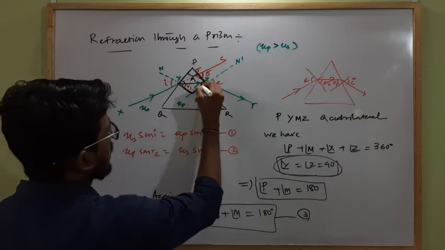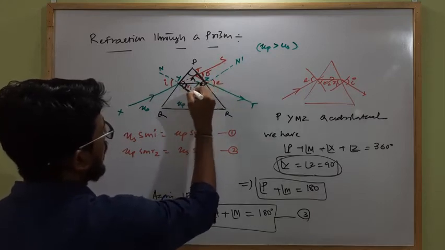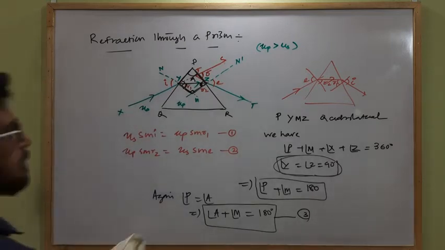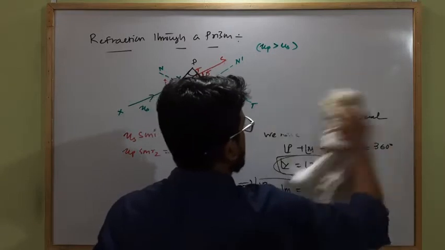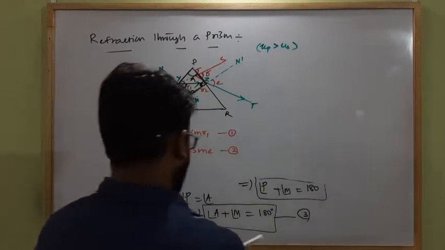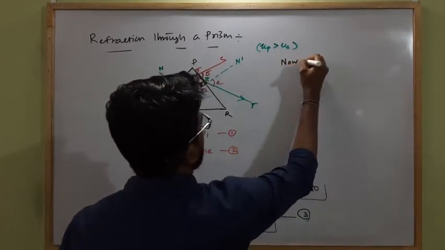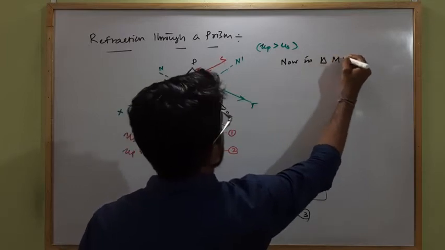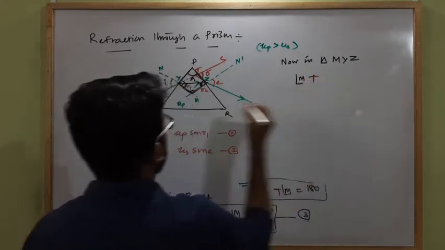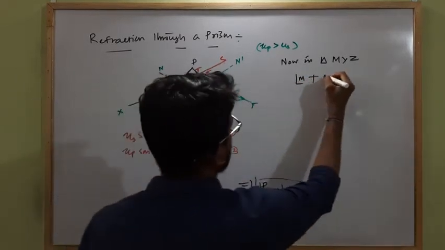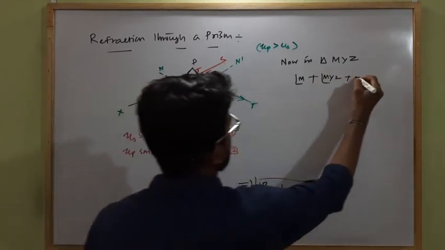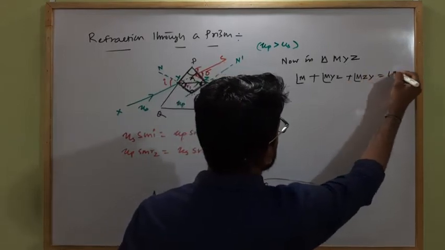Okay, this angle is R2, this angle is R1, and this is M. Now we can write in the triangle MYZ, angle M plus angle MYZ plus angle MZY equal to how much? 180.